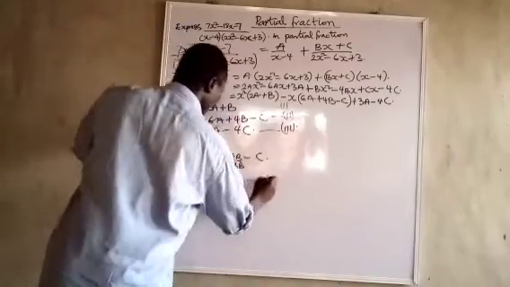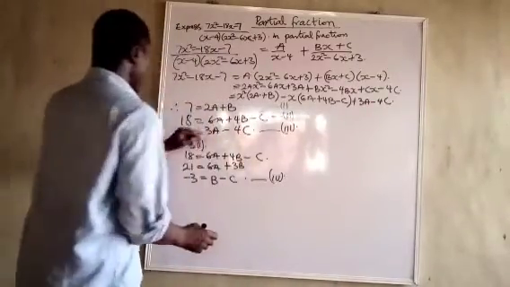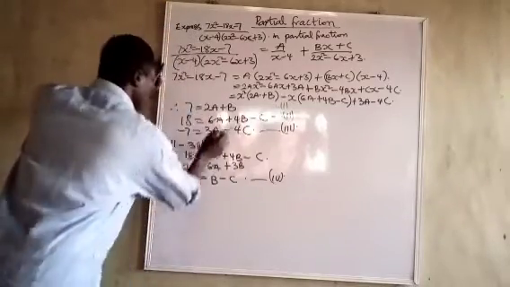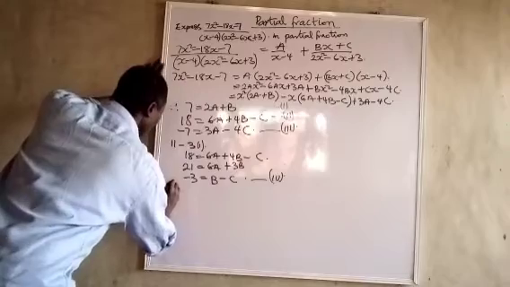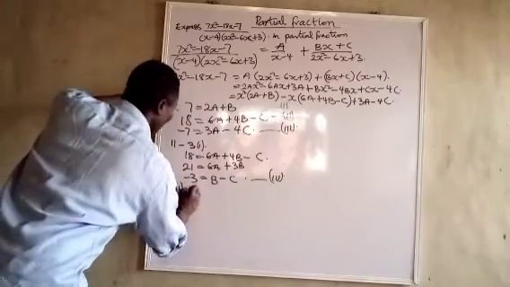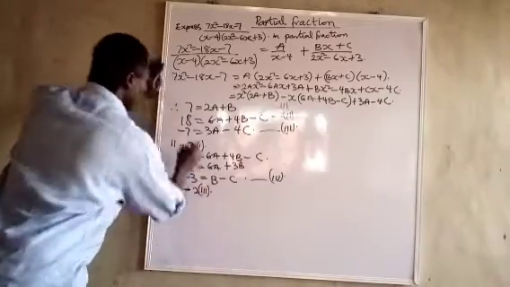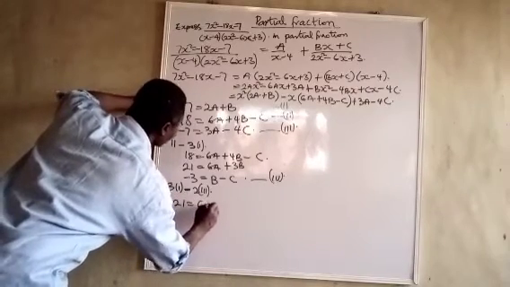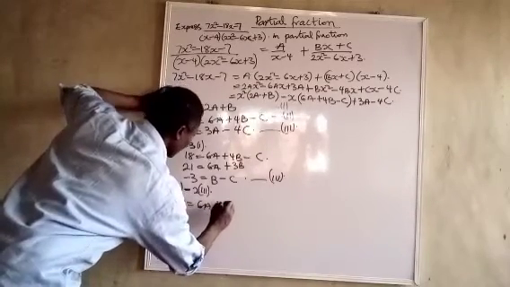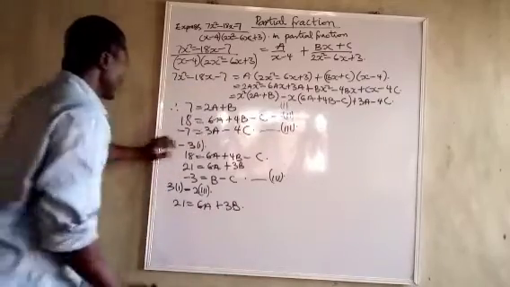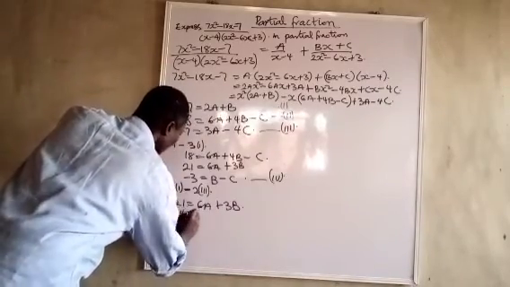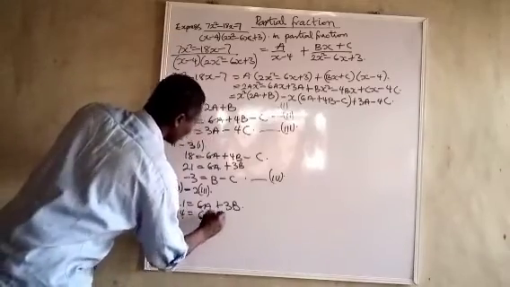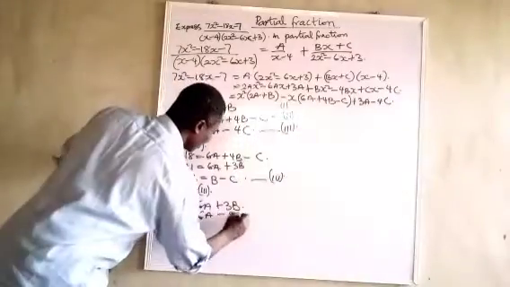For the next one, to remove this a now, multiply 3 into 1 minus 2 into 3. So what does that mean? It will be 21 equals 6a plus 3b. And 2 into 3 is going to be minus 14 is equal to 6a minus 8.